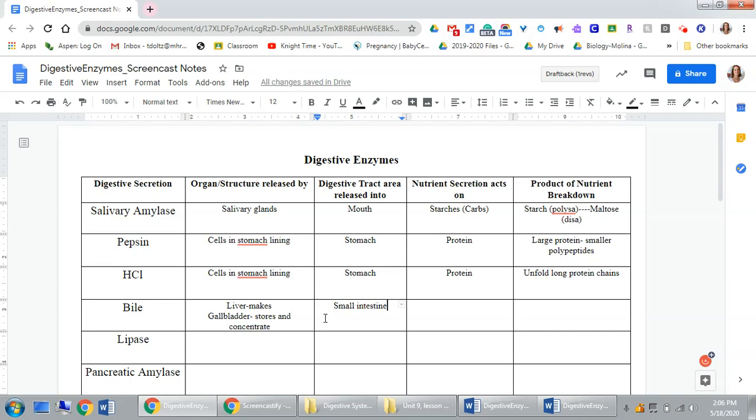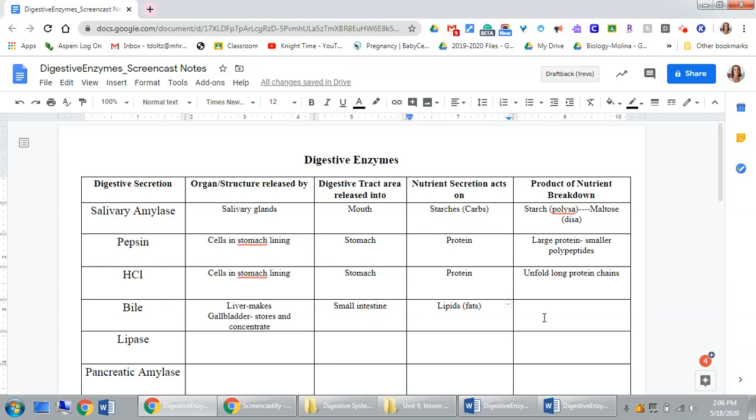Bile is going to work on our lipids, or our fats. The job of bile is to break down lipids in the small intestine.